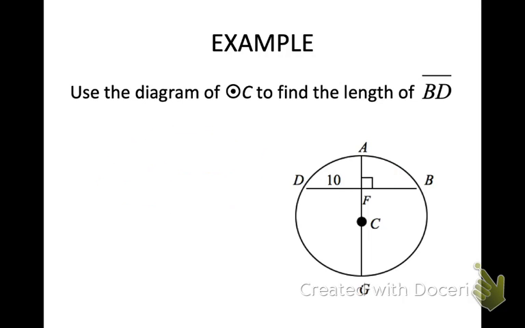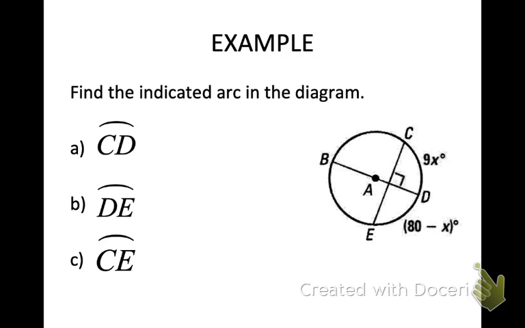Now let's throw some algebra back into our lives. Is BD a diameter? Yes, it goes through the center. Do I have a chord that's perpendicular? Yes. So because it's perpendicular, I know that this is congruent to this. Well, that doesn't really help me because I don't have anything happening there.